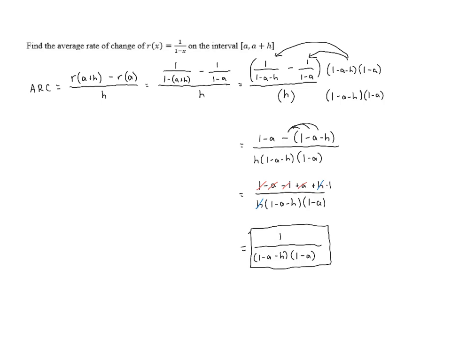But in calculus, instead of looking at the average rate of change, we want to know the instantaneous rate of change. So if we have a graph, for example, instead of looking at the average rate of change between two different points, so we'd be looking on an interval between a and a plus h, for example, we want to know the instantaneous rate of change.